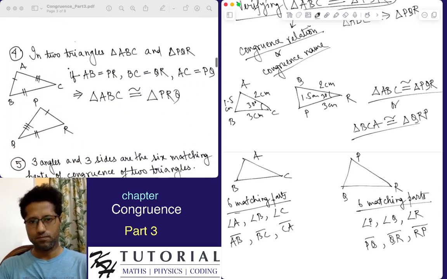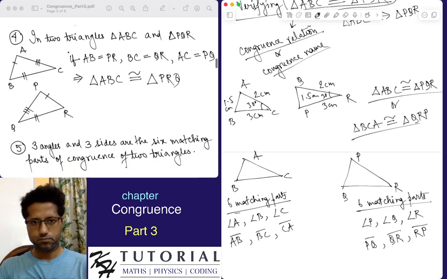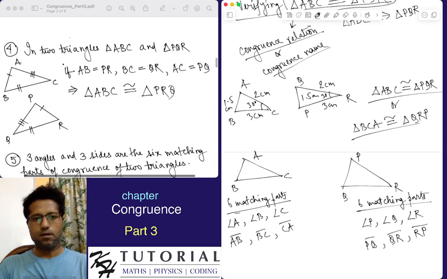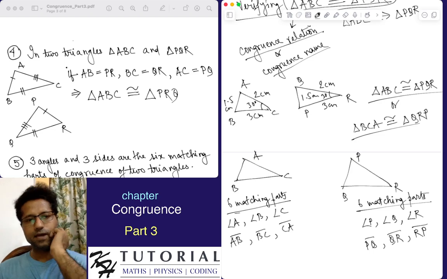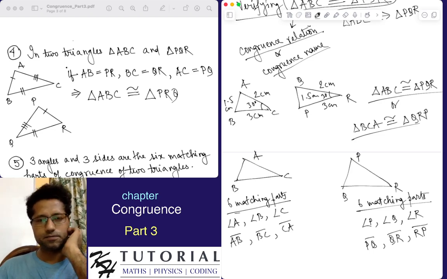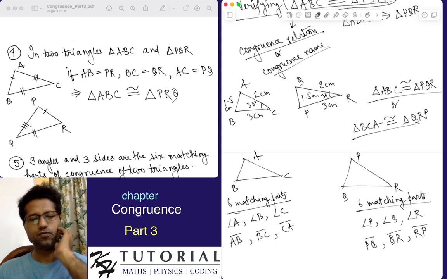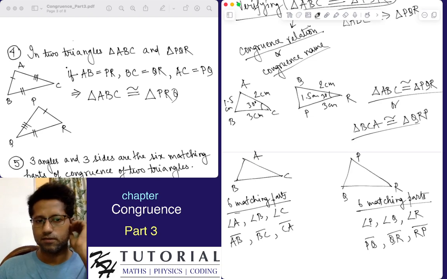Point number 4 is that in two triangles, if two figures are given, and it is said that the length of the side AB is equal to the length of the side PR. Also, it is said that the length of the side BC is equal to the length of the side QR, and the length of the side AC is equal to the length of the side PQ.